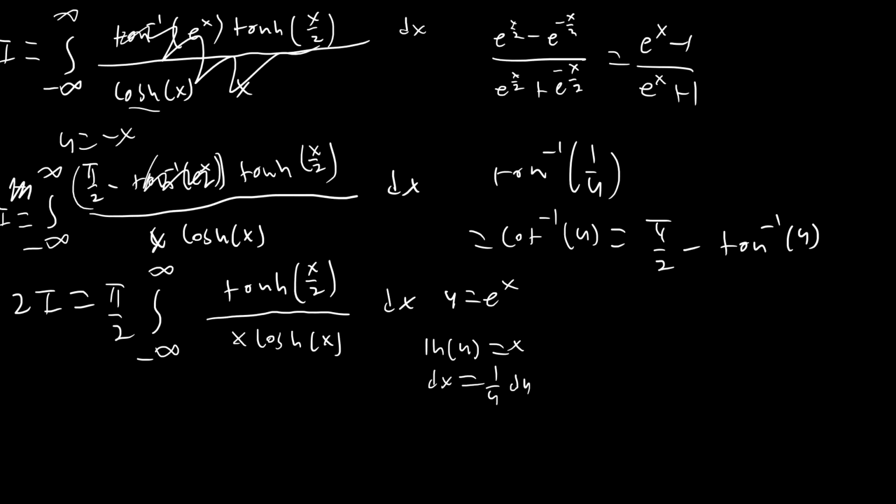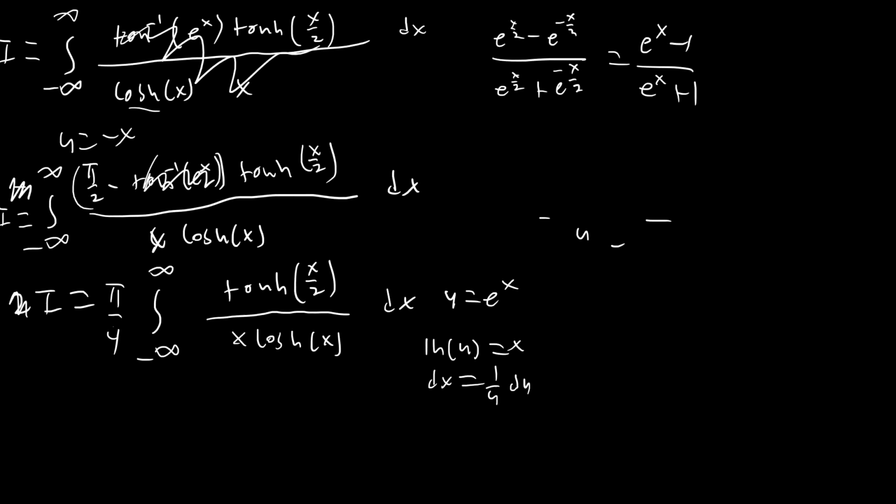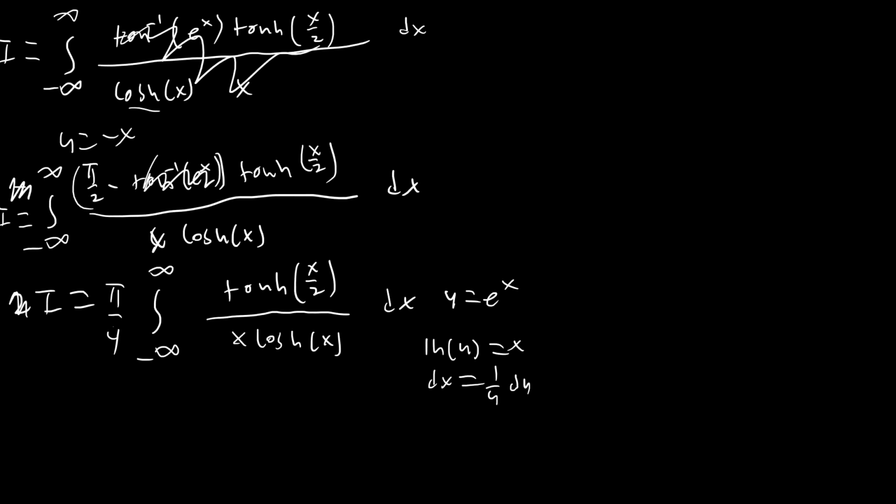So we get pi over 4 here because it's going to be easier. Let's go ahead and make some space here, so I'm going to erase the rest of this. Alright, so when we sub u equals e to the x here, we're going to get I equals pi over 4, integral now from 0 to infinity of u minus 1 over u plus 1 over u.